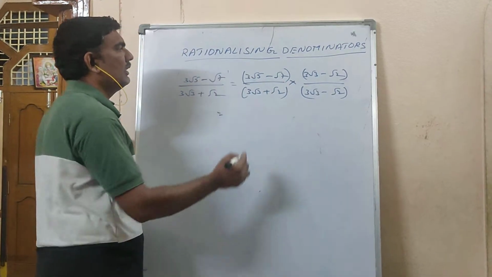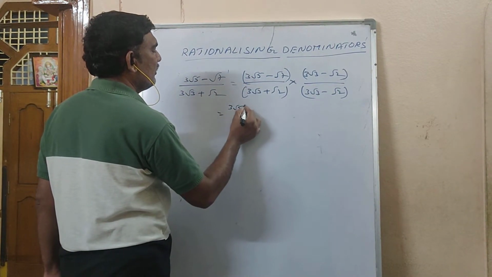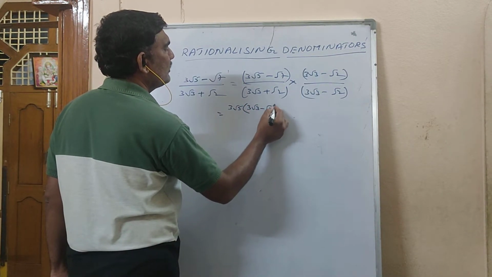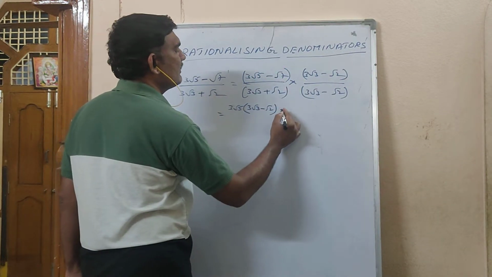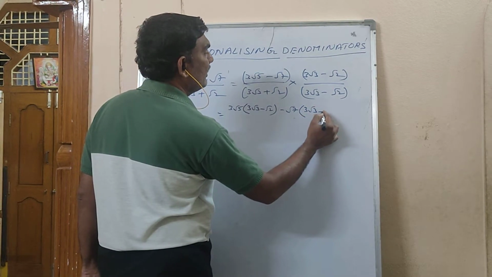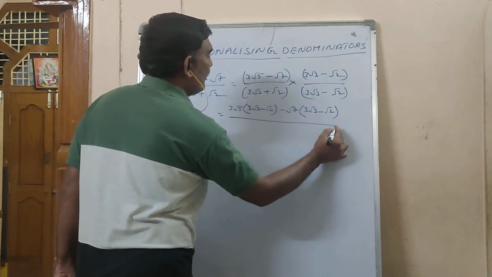Now what you have to do is multiply numerator into numerator, denominator into denominator. So 3 root 5 is the first term, 3 root 5 into this entire 3 root 3 minus root 2. What is the second term with symbol? Minus root 7 into this entire 3 root 3 minus root 2. Now come to the denominator.